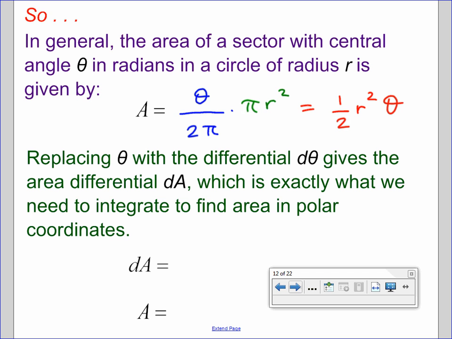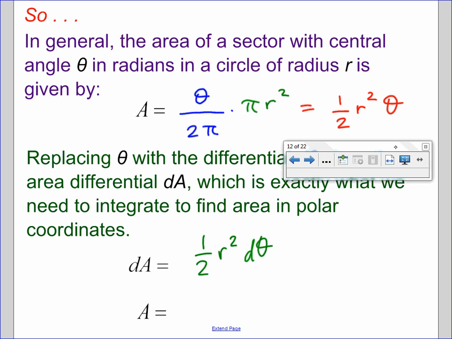Yes? Okay. Why? Well, because now we can consider that small differential d theta, the small change in area, as opposed to the area of some sector that's static. And now we're going to let the differential dA be given by replacing this theta with d theta. So replacing theta with the differential d theta gives the differential for area dA equals 1/2 r squared d theta, which in turn is exactly what we need to integrate in order to find area in polar coordinates.